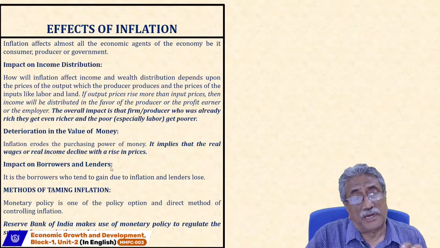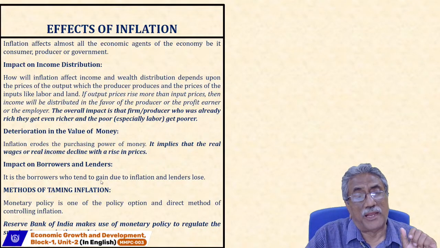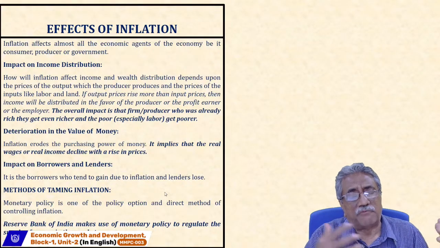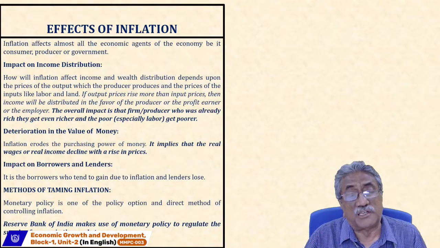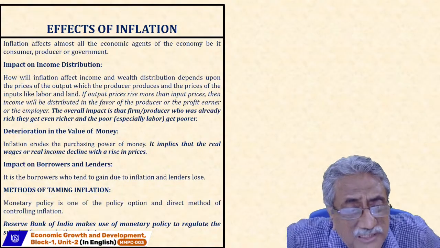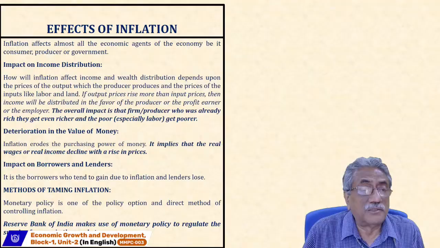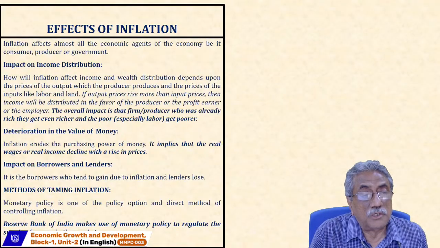Impact on borrower and lender. This is a very significant thing. It is the borrower who tends to gain due to inflation. Suppose I have taken a home loan and am paying over 30 years; the money value after 30 years is much lower than the value now. So the lender is losing in case of inflation.